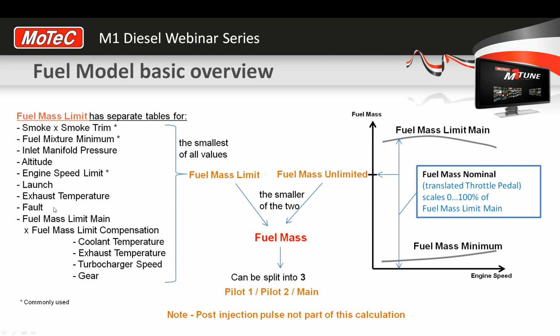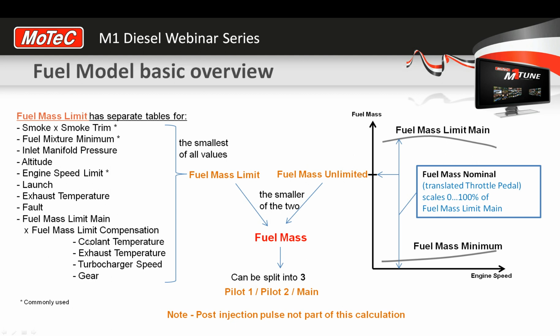Out of all of those fuel mass limits, they all produce what's called the fuel mass limit channel. That final fuel mass limit channel, before it heads off to the main fuel mass calculation, can have any of these tables as compensations. So we can have a coolant temperature compensation, another exhaust temperature compensation, a turbo speed compensation, and a gear compensation.